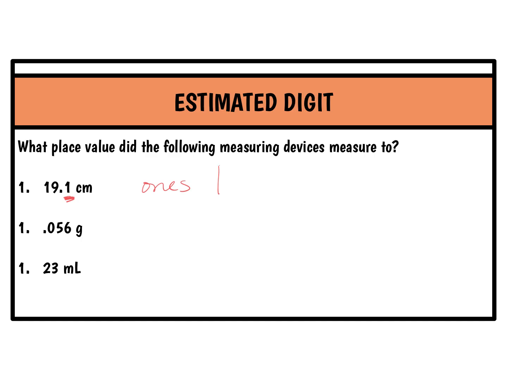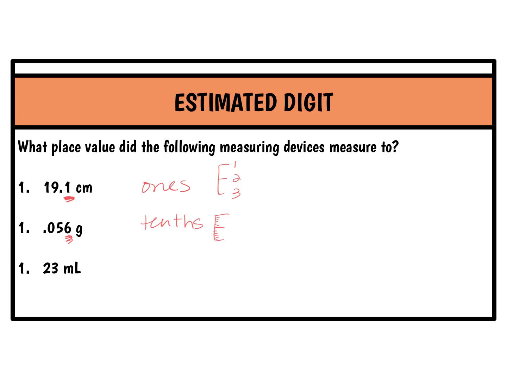If we were looking at tick marks, this would be like 1, 2, 3. When I look at this one here, again, that last digit is still going to be your estimated digit, but what we know is that this one went to the tenths place for its tick marks. So between each of its measurements, it had 10. I'm not going to be able to squish 10 in there, but this one went to the tenths place.